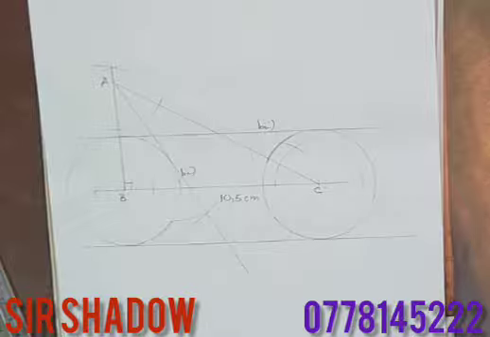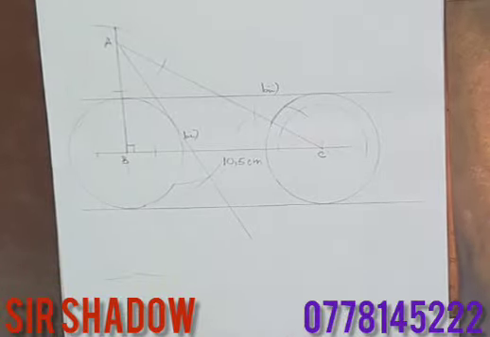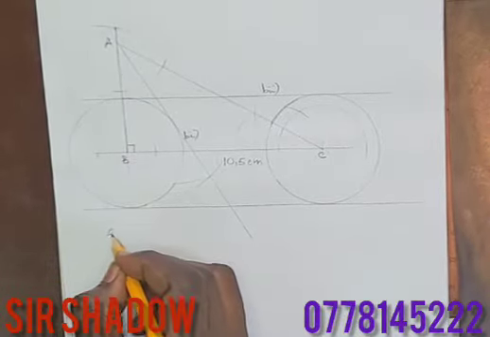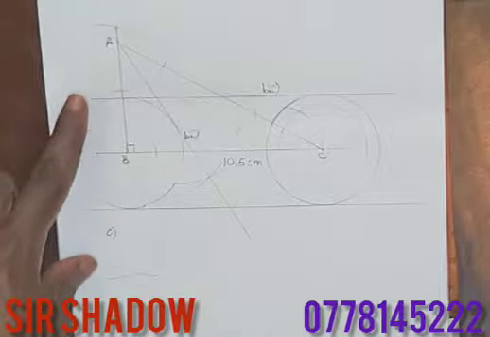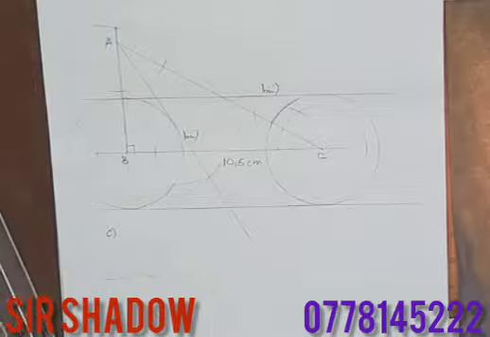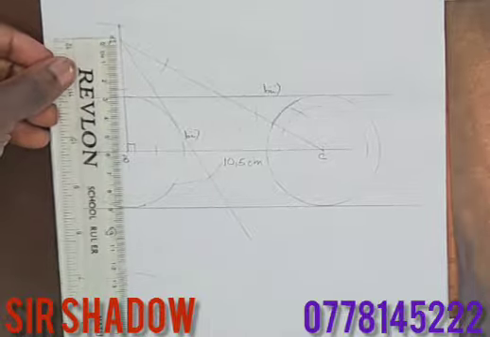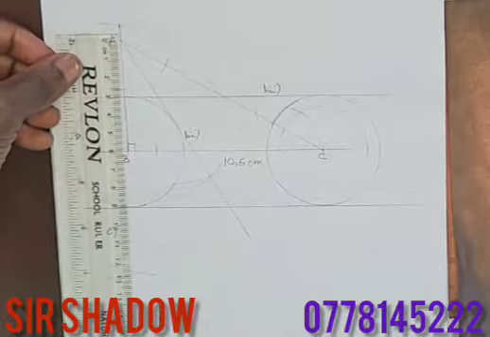Part C, measure and write down the length of AB. For you to measure, just use your ruler to measure the length. Measure the length AB, from A to B, from this point up to this point.